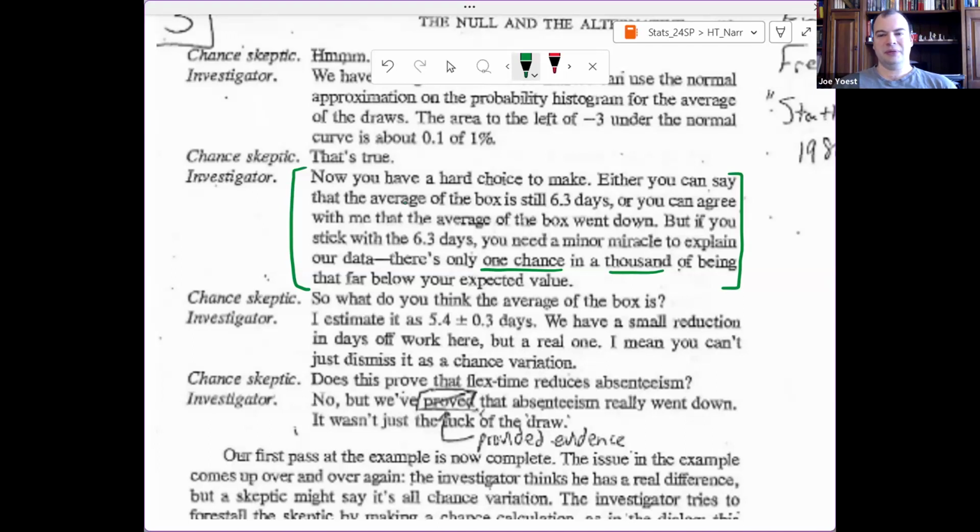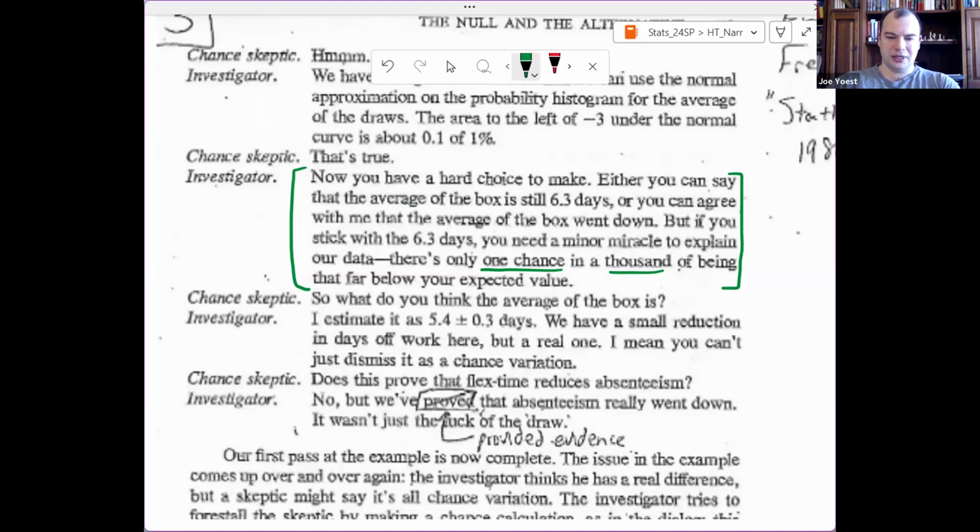The other approach you could take is to say, okay, my old worldview, the 6.3 days mean, the data suggests that we should overturn that, and instead go with a competing hypothesis, that the mean is now less than 6.3 days. And that means that we don't have to have a minor miracle to explain our sample mean of 5.4 days.